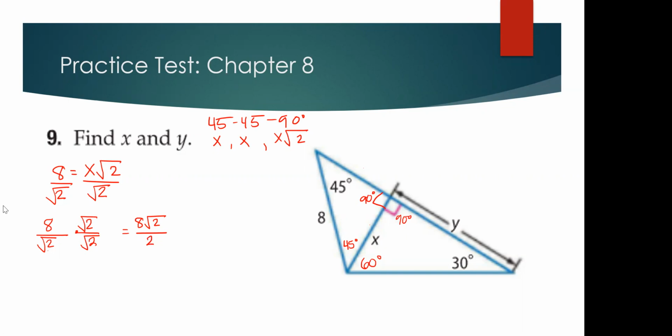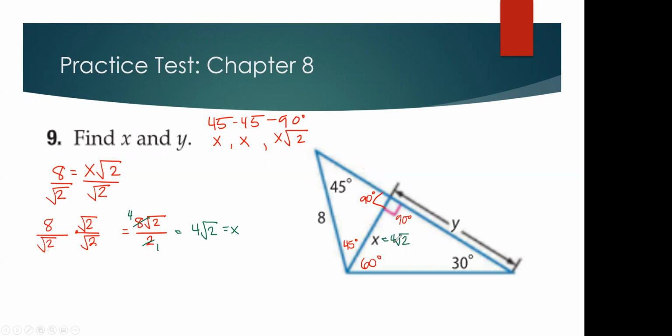Okay, and then we can simplify. 8 and 2 have a common factor of 2, so 2 goes into 8 4 times, and 2 goes into 2 once. So we end up with 4 times the square root of 2 is equal to x. Okay, so now we know this here is equal to 4 times the square root of 2.